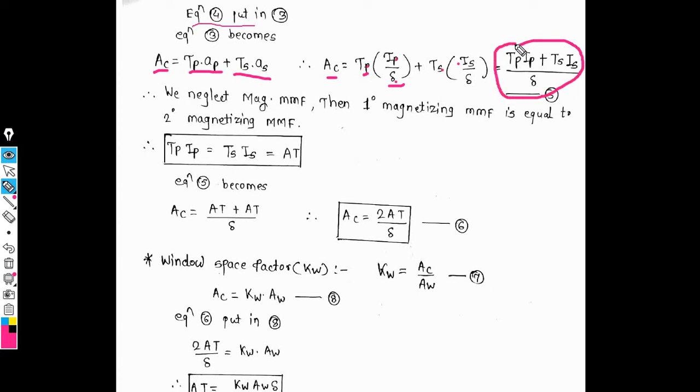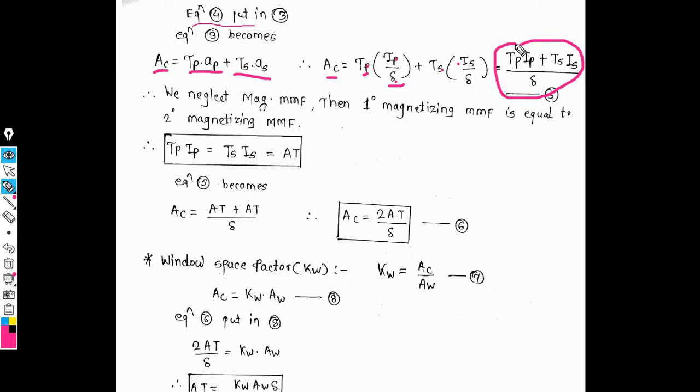But we have to consider the magnetomotive force, which occurs between the number of turns in the winding and the current flowing through the winding.